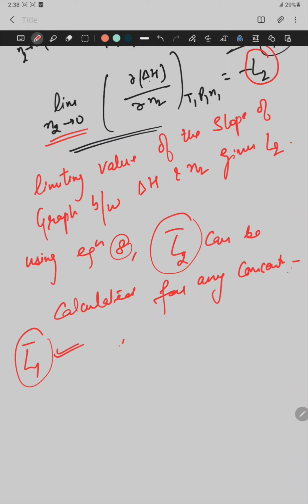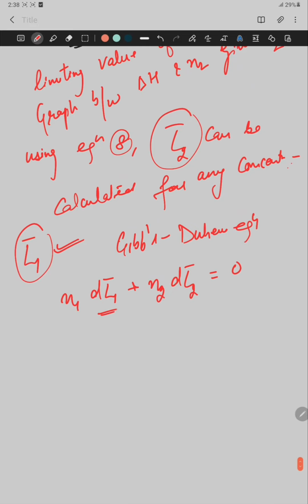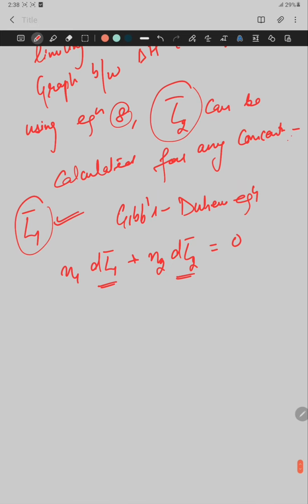L1 bar is given by the Gibbs-Duhem equation. The Gibbs-Duhem equation is N1 dL1 plus N2 dL2 in terms of relative partial molar heat contents. This is the Gibbs-Duhem equation. Replace mu with L1 and L2. Okay.